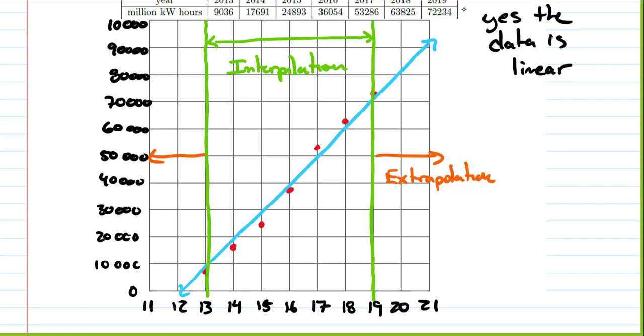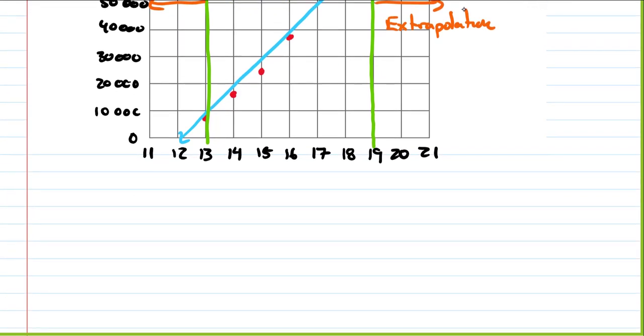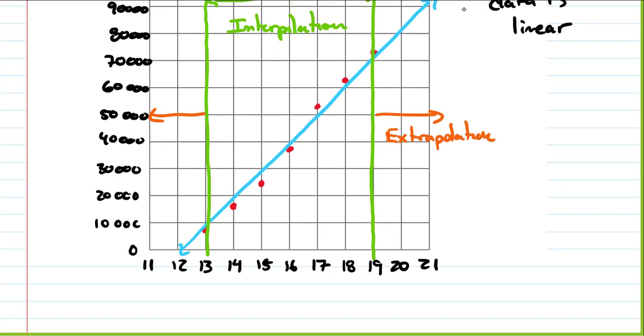It is a very useful modeling strategy, but we have to be careful because we don't know really what's happening out there. So when you look at different statistical models, they will talk about extrapolation, which is something we do all the time, but we have to be careful on how we interpret that data, because interpolation is much more accurate than extrapolation, because we're basically trying to predict something that would happen in the future, and the trends might be changing.